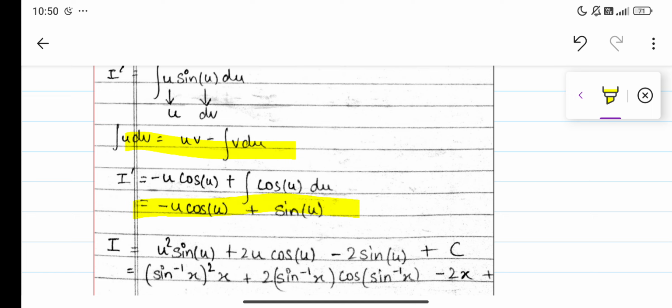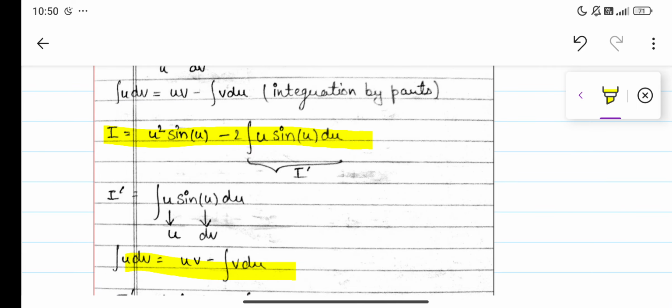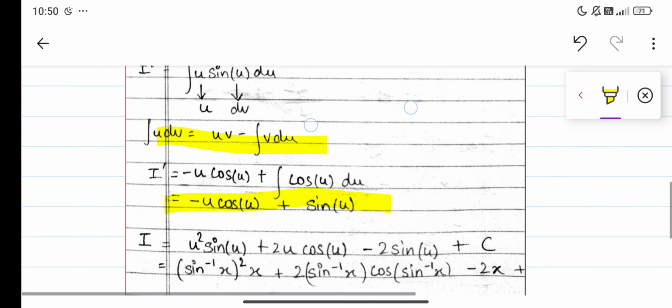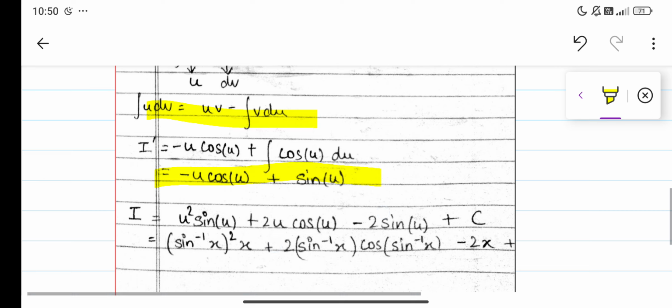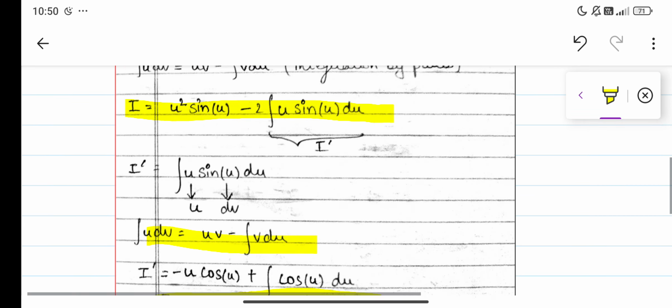So putting this I dash in my above expression, I is equal to u square sine u minus 2 times integral u sine u du, so I get u square sine u plus 2u cos u. Why 2u cos u?